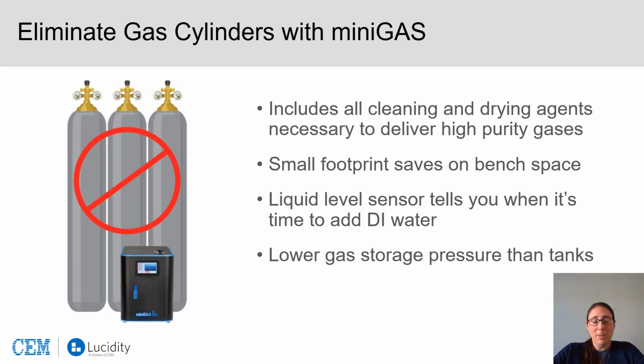You can see the picture there. It's a very small footprint. There's a liquid level sensor that tells you when it's time to add the DI water. And again, you're running at much lower pressure, so a safer environment. So the miniGAS is just a really good pairing with the miniGC and falls in with everything we're trying to say here as far as simple, easy to use, and efficient.